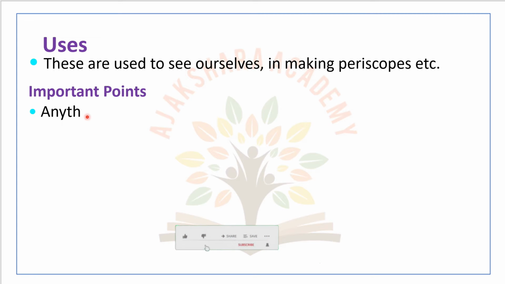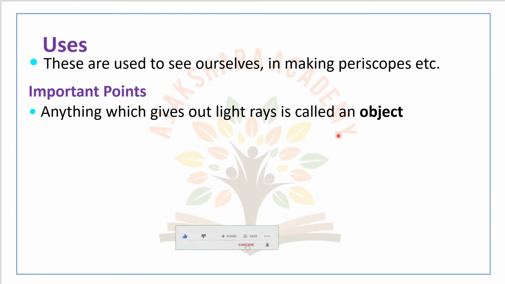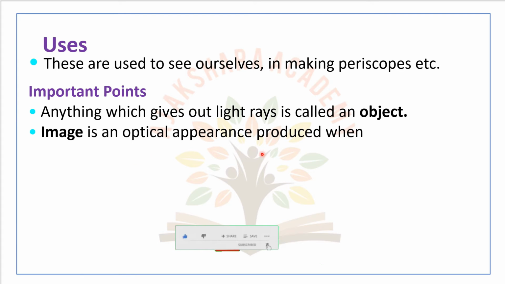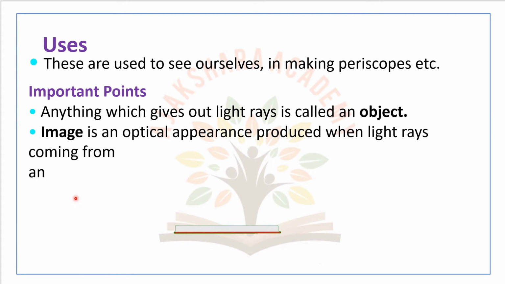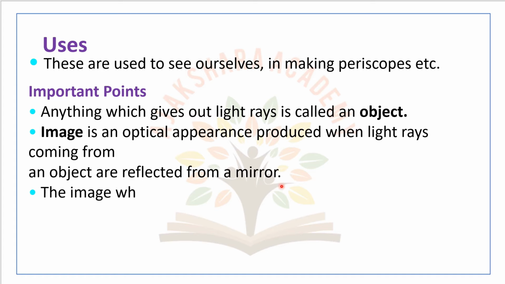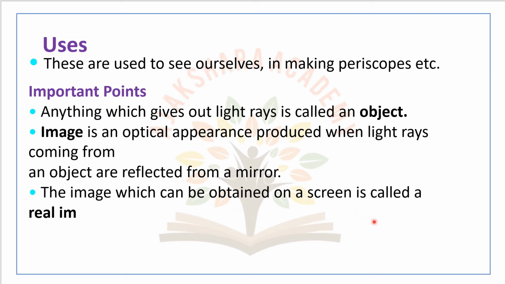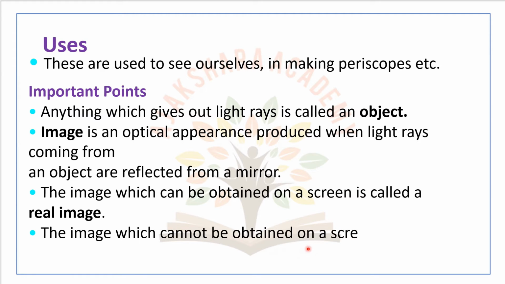Now, I will discuss important points. Anything which gives out light rays is called an object. Image is an optical appearance produced when light rays coming from an object are reflected from a mirror. The image which can be obtained on a screen is called a real image, and the image which cannot be obtained on a screen is called a virtual image.